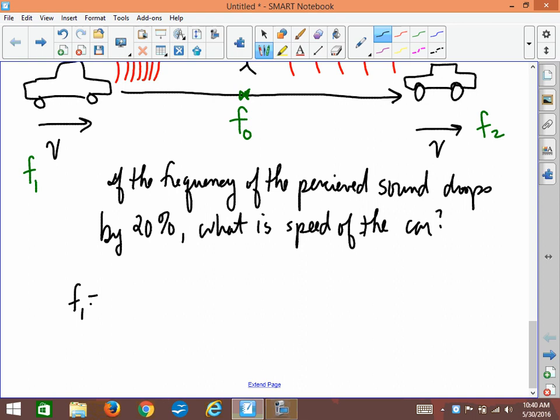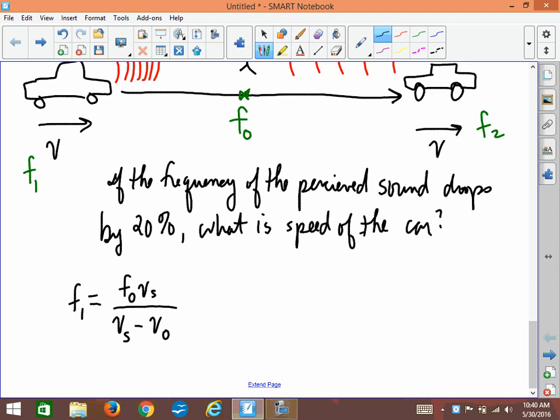F1 equals original frequency times the speed of sound divided by the speed of sound, and I'm going to use minus because in this case the car is approaching, minus the speed of the object. But I don't have much to plug into that, but that is the relationship I would use, right? That describes what's happening on the left side of the picture.